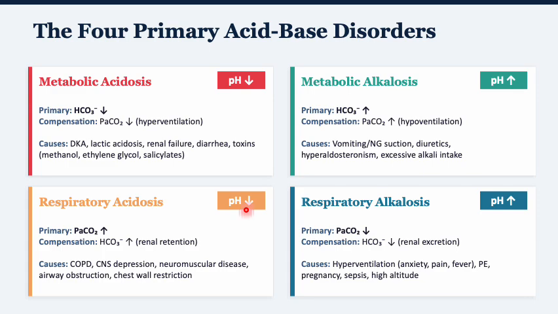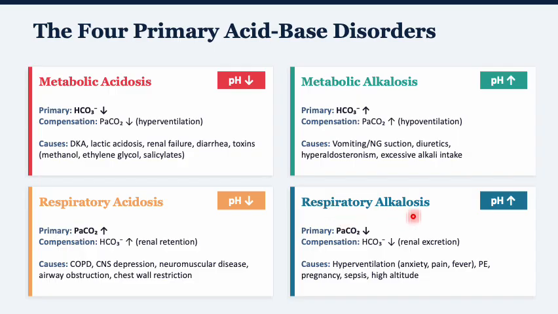You have a decreased pH, elevated partial pressure carbon dioxide. Compensation is renal, so you will increase your bicarbonate reabsorption. This can be seen in COPD, CNS depression, neuromuscular disease, some airway obstruction.